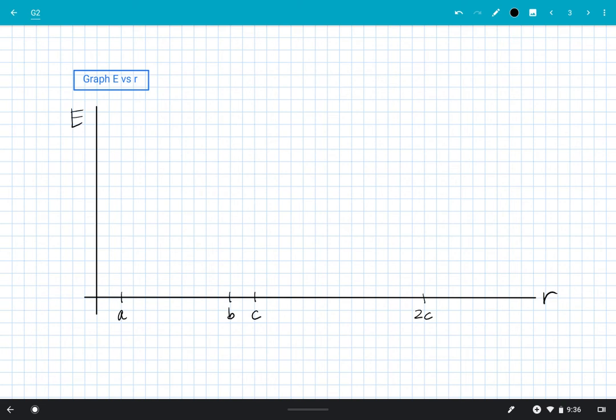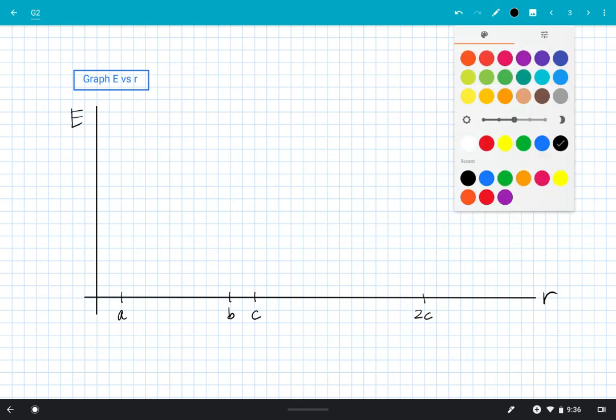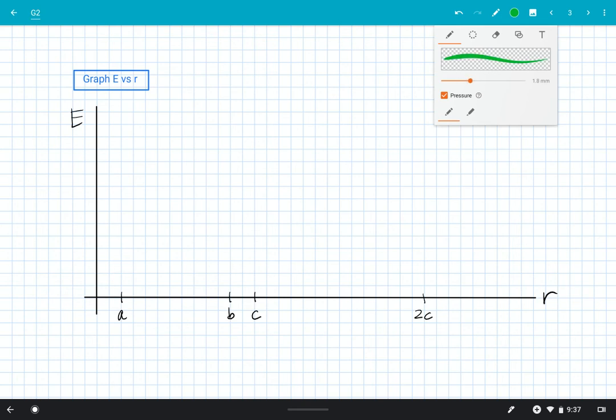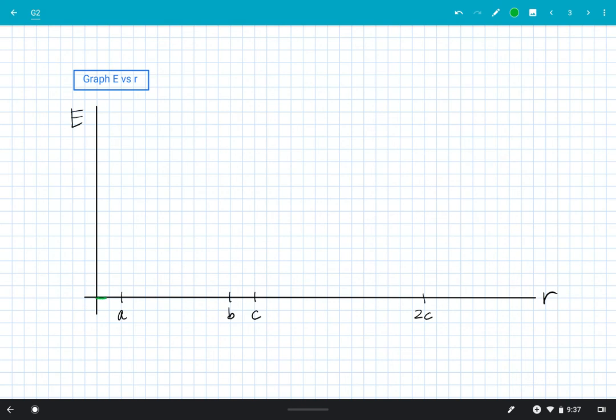Now I'm going to do this in maybe a different color for the contrast. Let me crank up my thickness. Okay. Between 0 and A, we're inside that conductor.